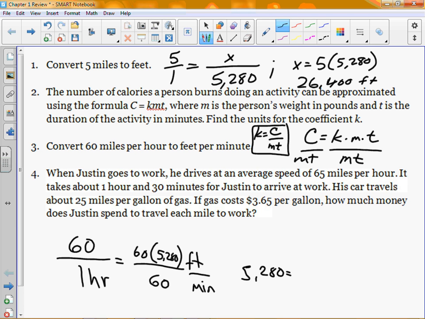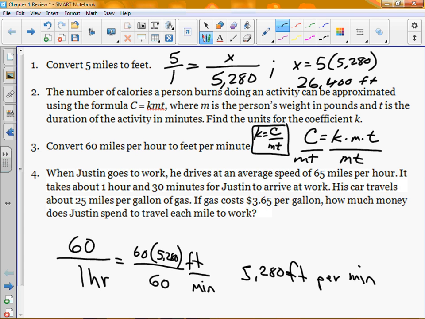Now, mathematically, what they're trying to get you to do right here is waste time going 60 times 5,280, which gives me a really huge number. That's feet per minute. But you don't really have to do that.